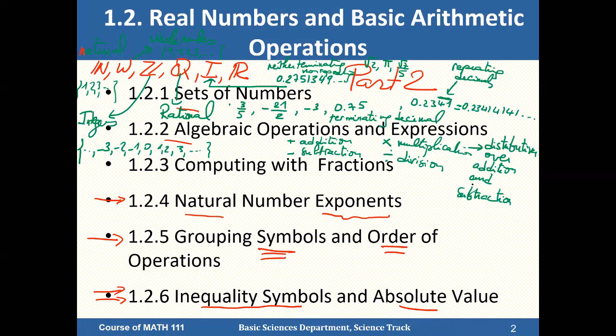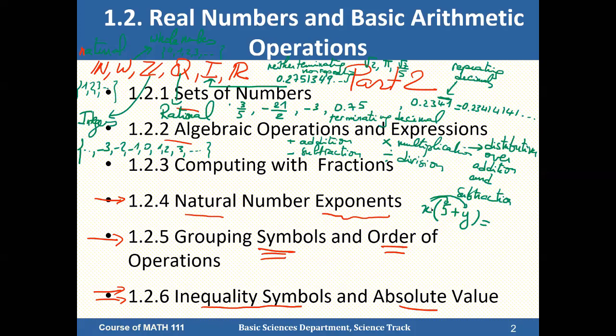What does it mean, distributive? It means that if you have, for example, x times 5 plus y, here we can remove parentheses by distributing x over all the elements inside the parentheses.